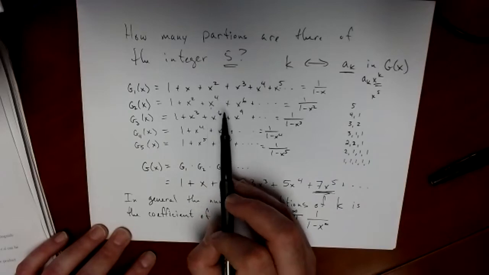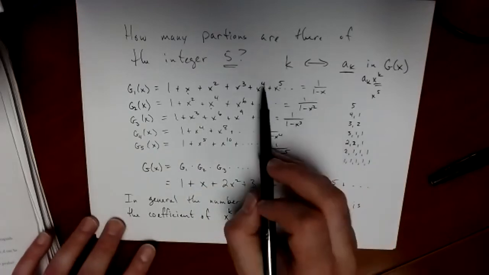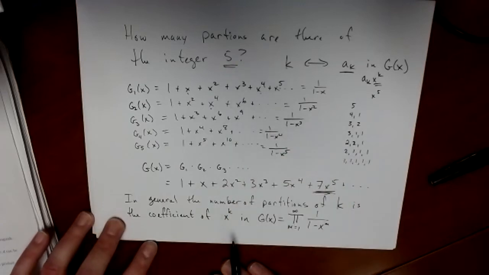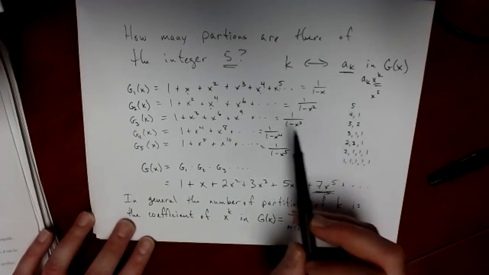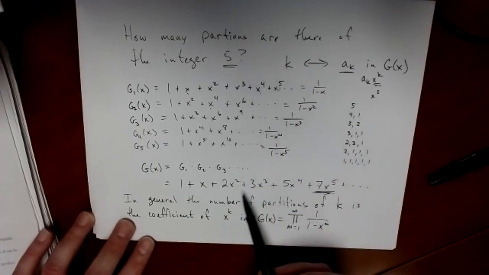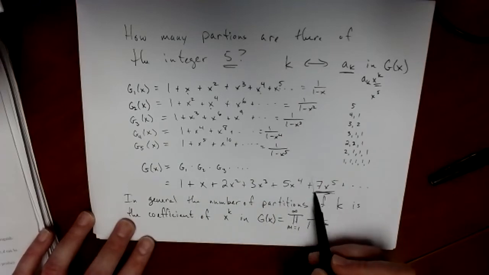That's the one where x to the 4th is paired with the x. Now, not everything got used, like that x to the 4th. No partition of the integer 5 has exactly 4 ones in it. So that one actually doesn't contribute anything to this final result.